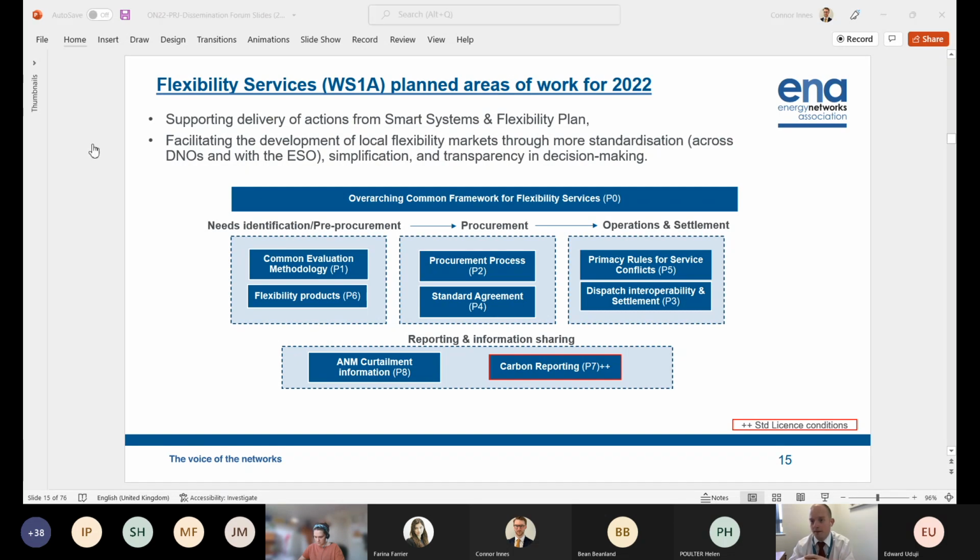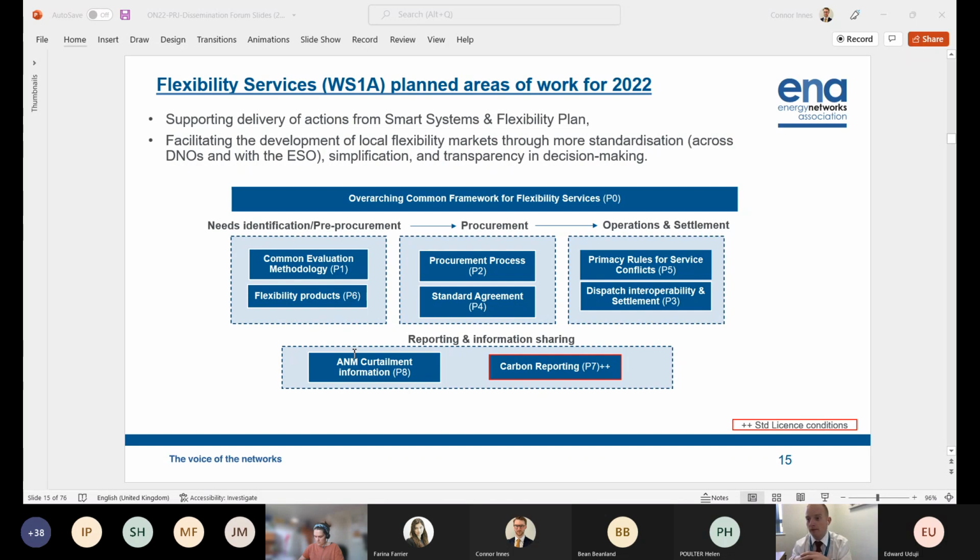And currently the P2 product is very much focusing on alignment between applicable ESO services, so for those that are nationally being procured, but with a heavy focus on those products that would have a large level of participation from distribution networks, making sure that our procurement processes and timescales are coordinated between ESO and distribution products, and that those recommendations are followed through and implemented.